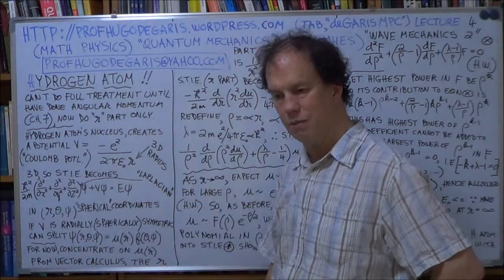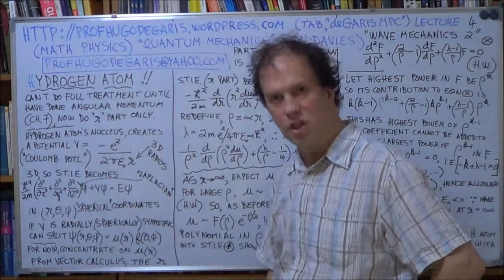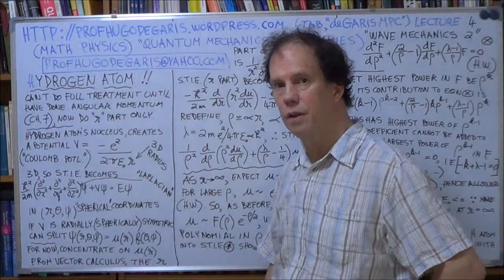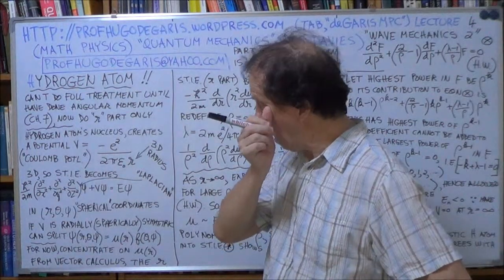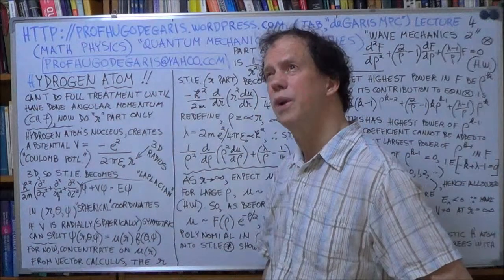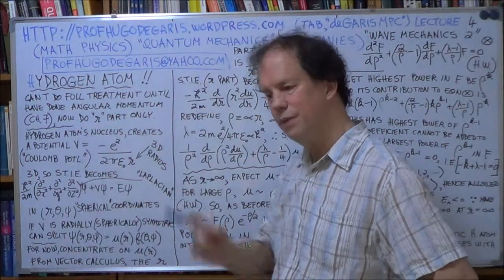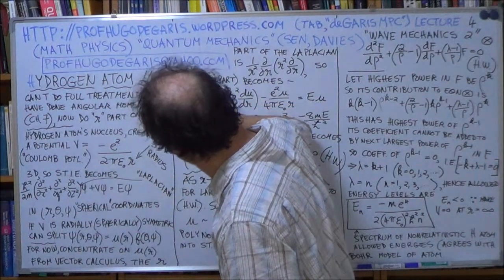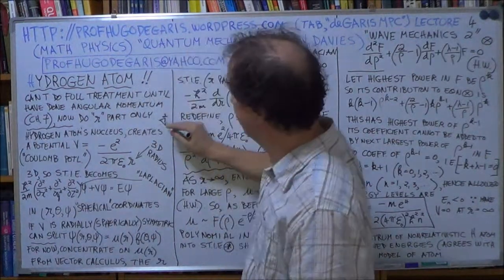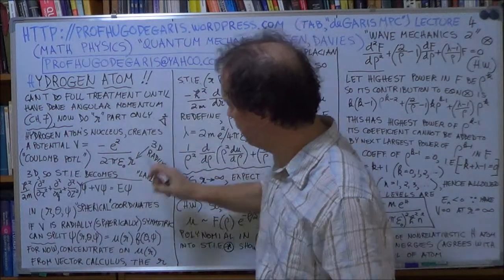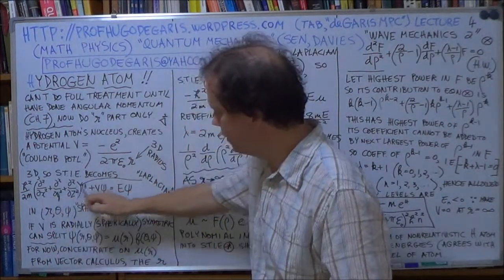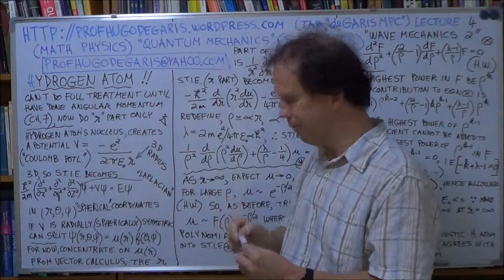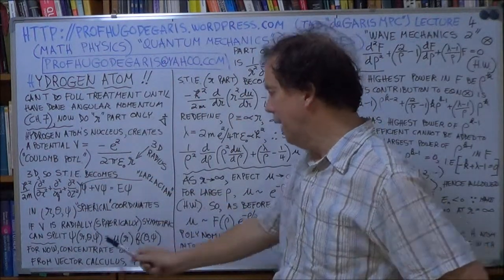Another alternative name for it is del squared. The triangle symbol is called del, but it's del squared, and del squared by definition is this. It's the Laplacian.